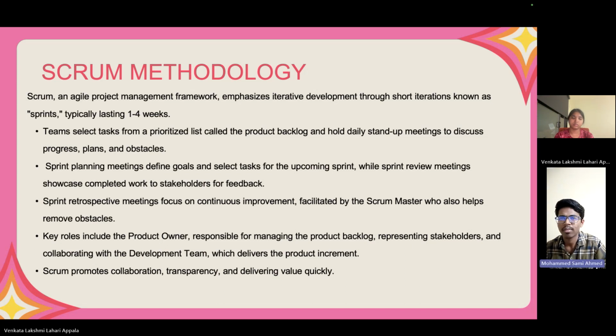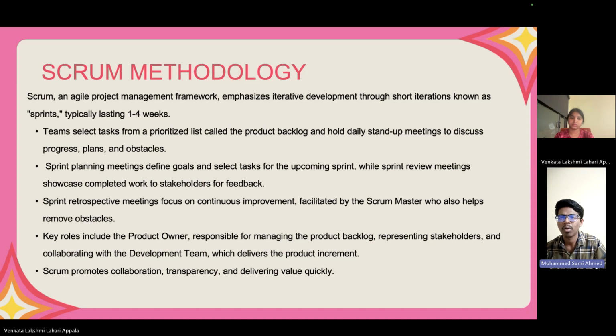And we have sprint planning meetings to define the goals and select tasks for upcoming sprints, while sprint review meetings showcase completed work to stakeholders for feedback. Sprint retrospective meetings focus on continuous improvement, facilitated by Scrum Masters who also help remove obstacles.